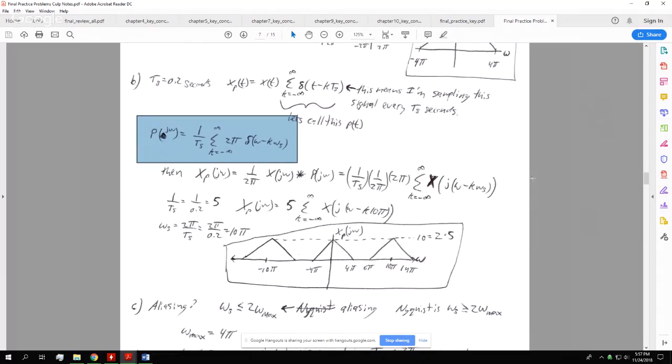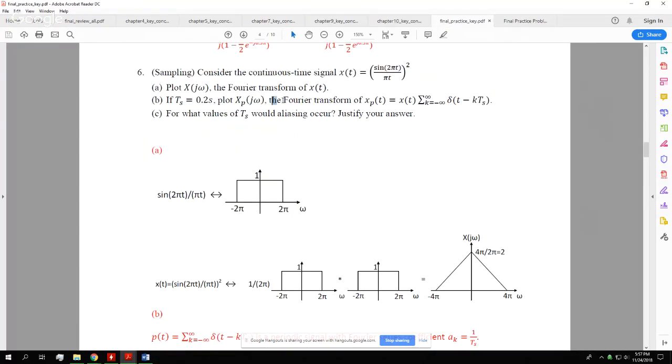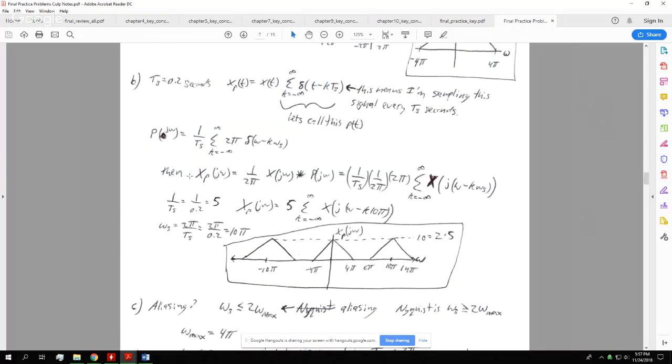Then we're going to take the convolution of our x of t and our P of t to return our answer. The question was asking for the Fourier transform of x_p of t. I wrote that here, and this is just like we did previously, except we're given a period, so we need to include that in our convolution.